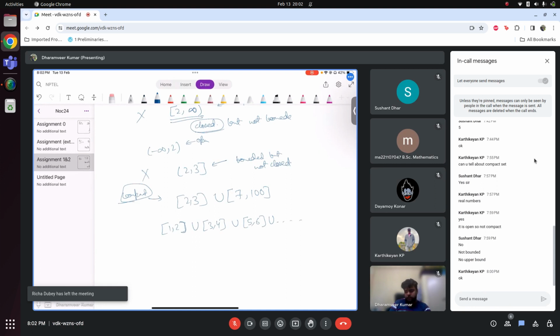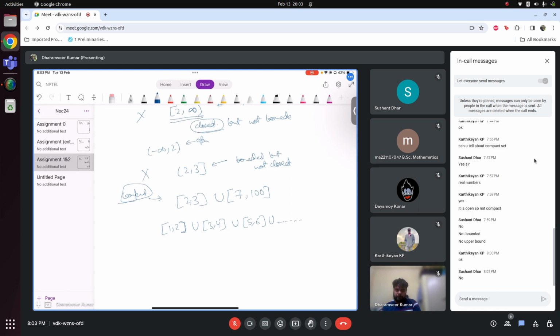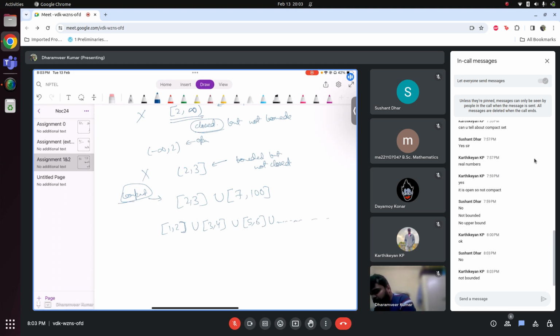Anyone? Going up to infinity. Is this compact? Karthikeyan? Yeah, because it's not bounded, right?